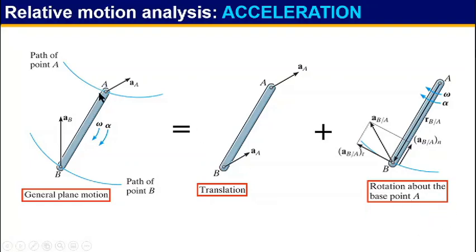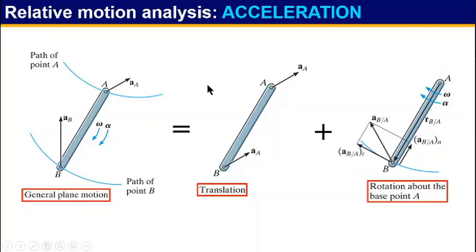So, in this link AB, we have point A and point B. In translation motion, we already understand from chapter 1 that the velocity at any point is equal. For example, for this link, the velocity at point A and the velocity at point B are the same. Thus, VA equals VB.